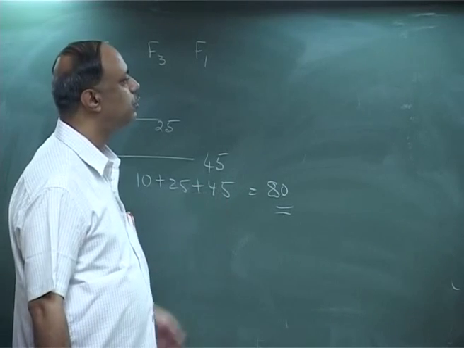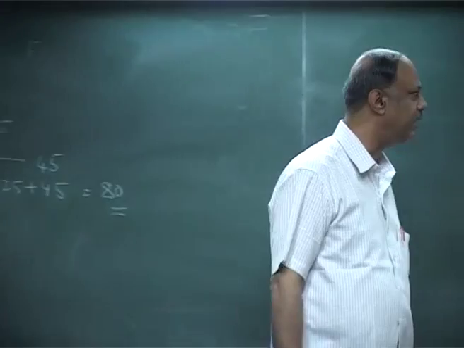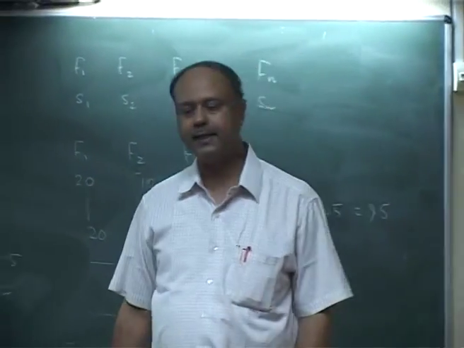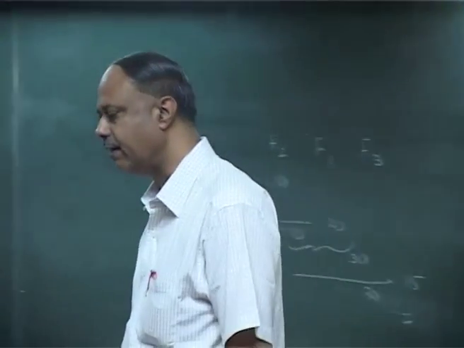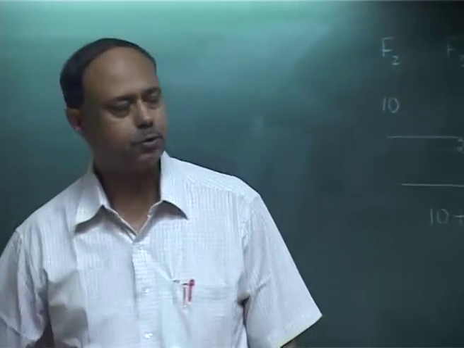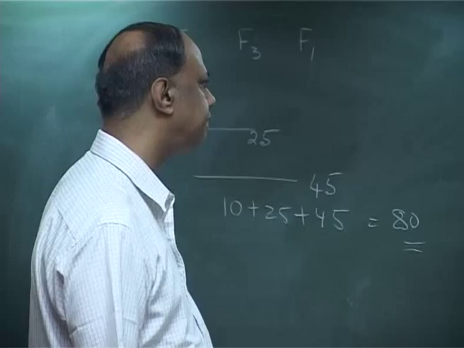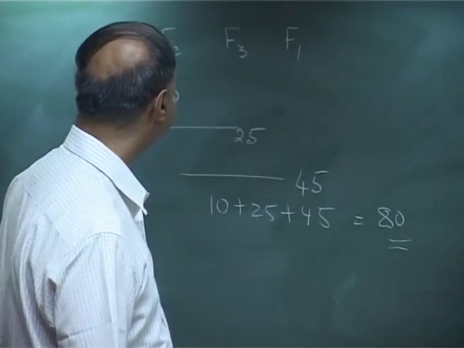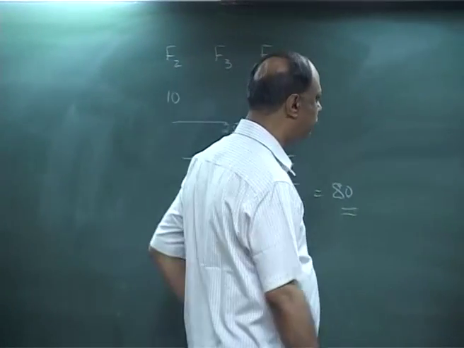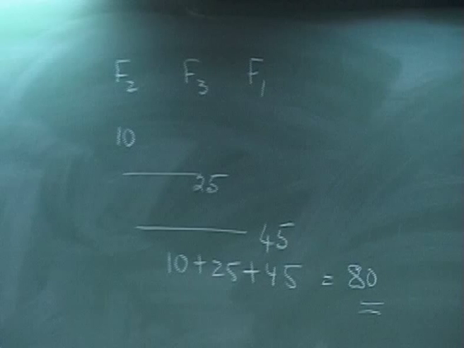So you are storing it, and the solution becomes sol union x1, where x1 is x, the smallest file size. Then next time again you take the next smallest one and add it, and so on. So this is the greedy method to solve the problem of storing files on the magnetic tape.